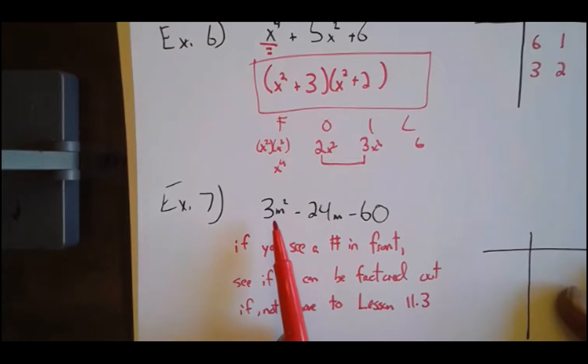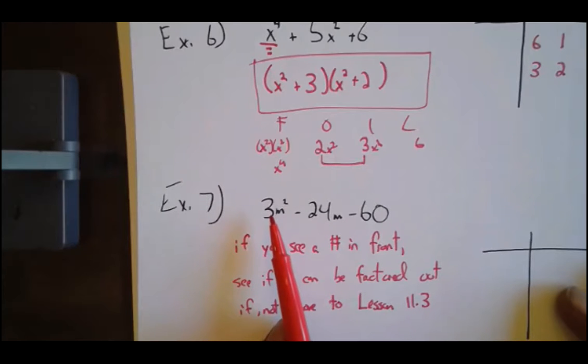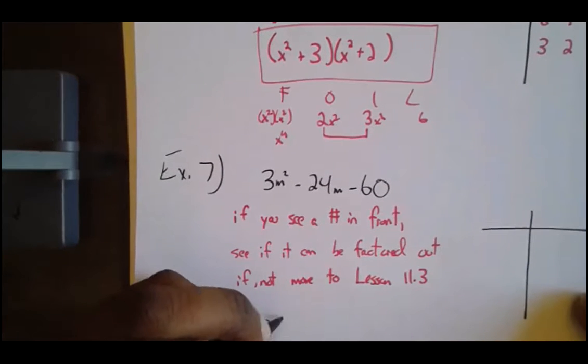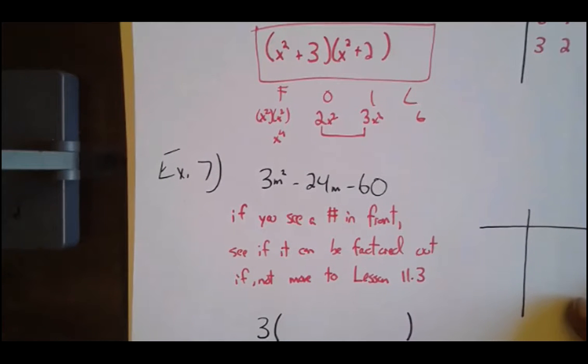But it looks like 3 goes into all of these numbers. Yes, it does. And let's see who remembers how to do that. If 3 goes into all of the numbers, see how we do that?